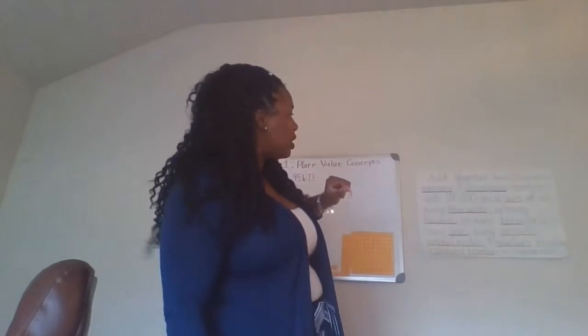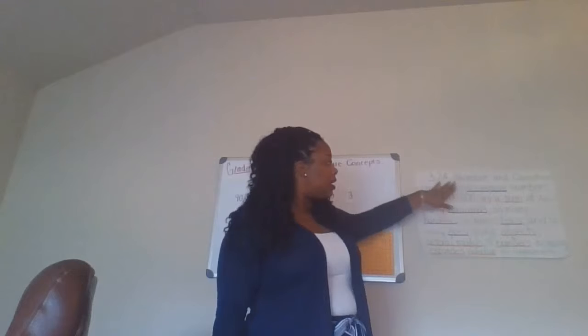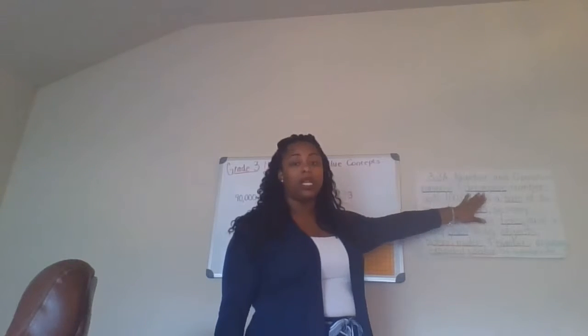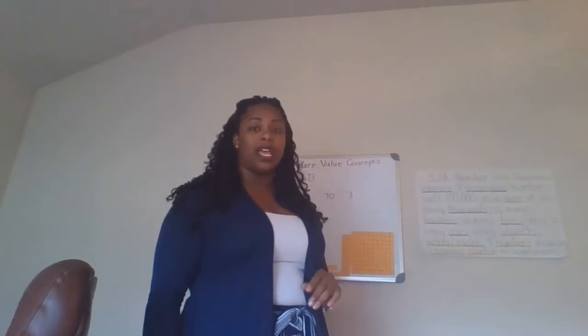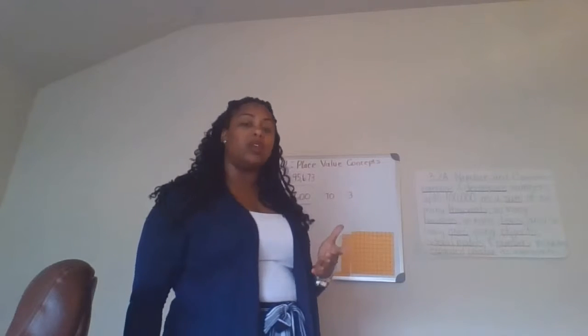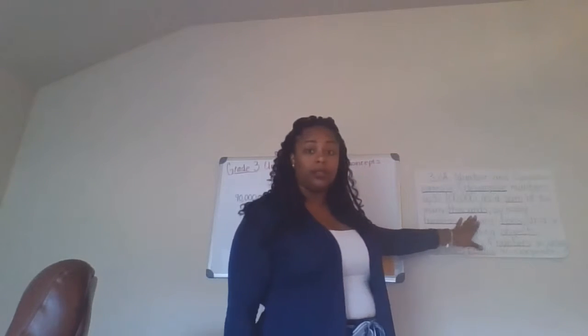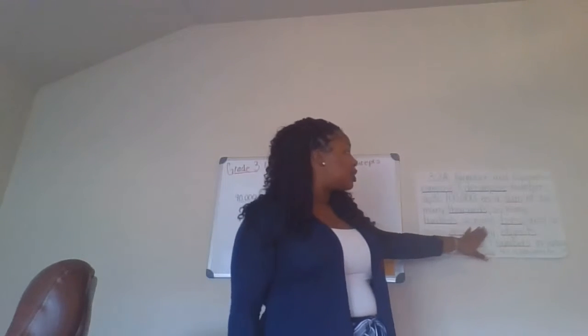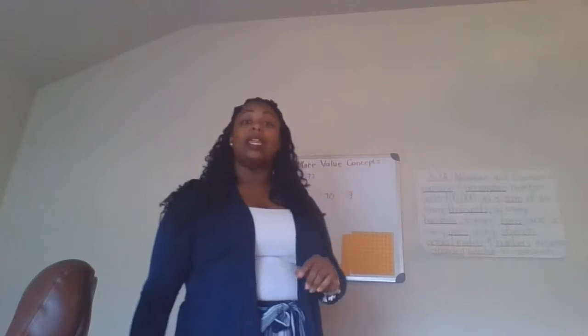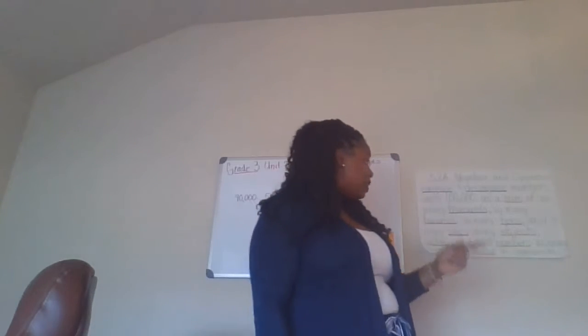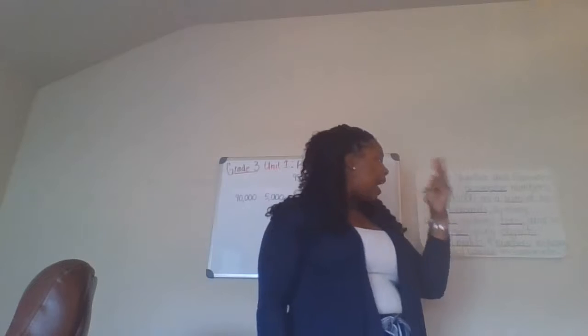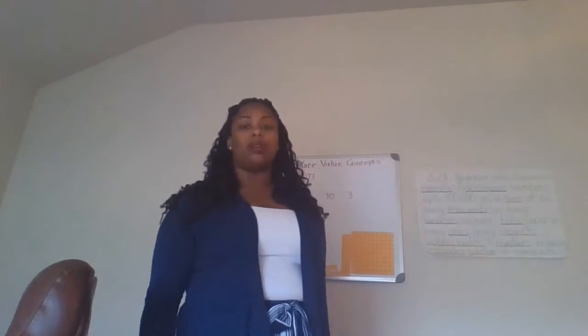For instance, this particular one has 2 verbs, decompose and compose, numbers up to 100,000 as a sum, which is a vocab word. They should know that the sum is the solution to adding numbers together. They need to know what those are: so many thousands, so many hundreds, so many tens, and so many ones.